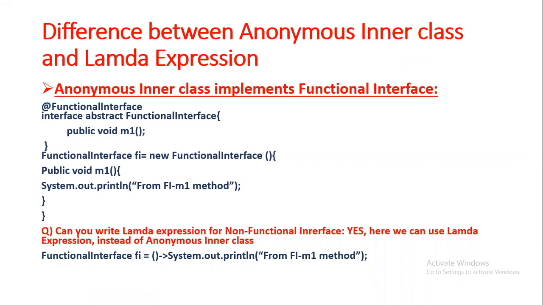Anonymous can implement a functional interface, and a lambda expression also can. For that purpose only, lambda expressions were given, boss. These four are the main differences.